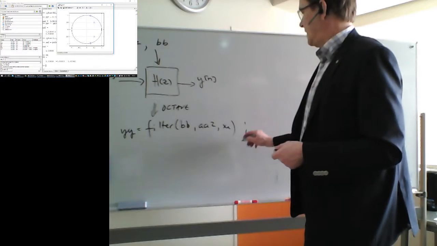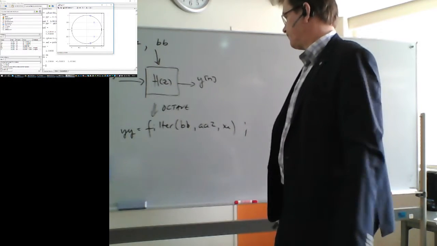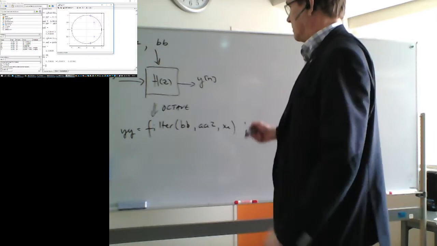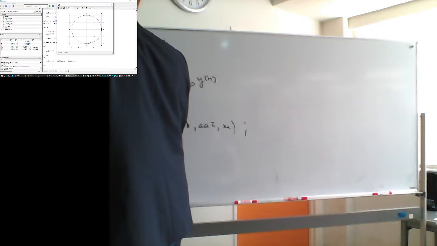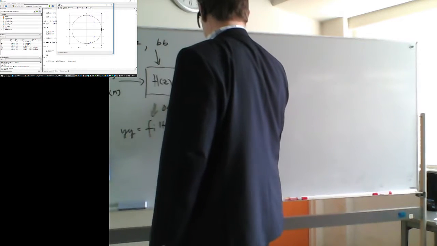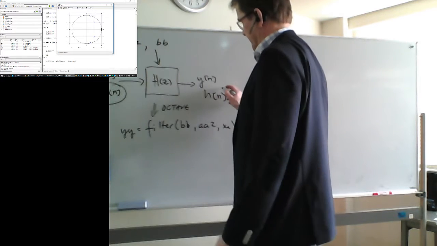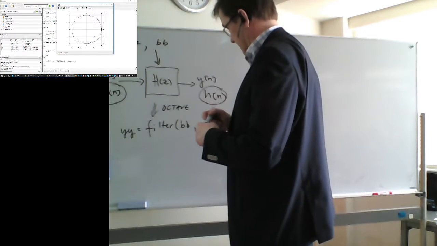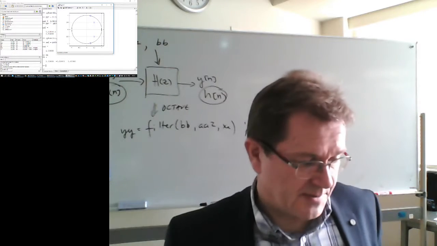So for any input you can calculate the output that way. Meaning that we can calculate the impulse response by feeding in the delta function, and what comes out is the impulse response. Good.